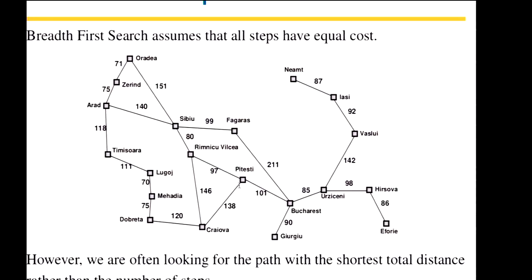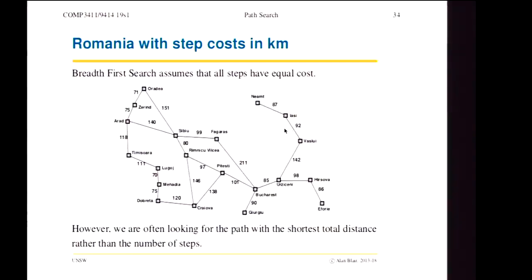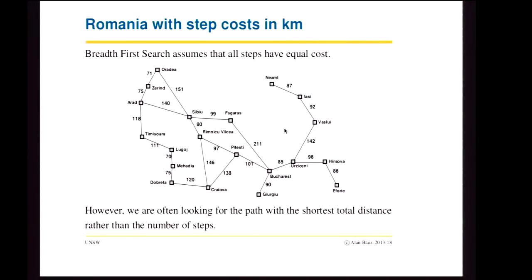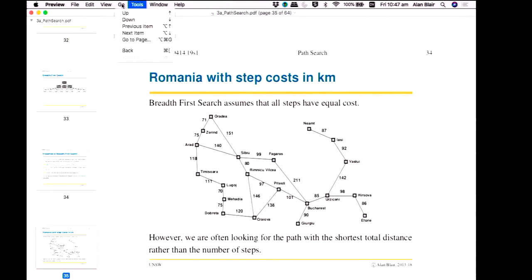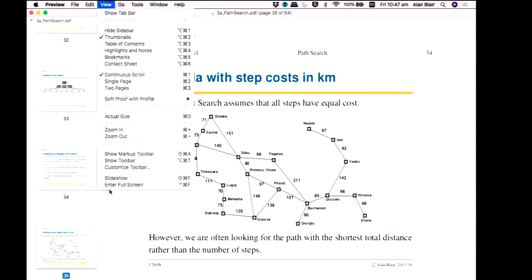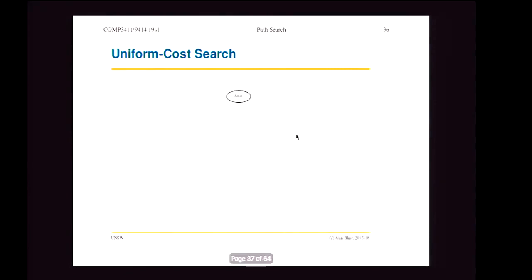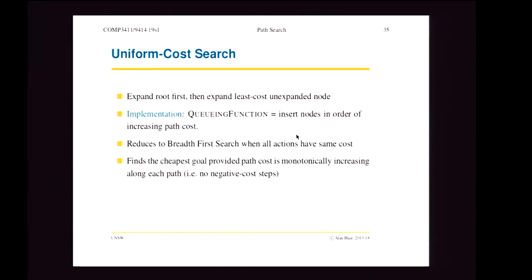This distance here is slightly less than that distance. So really what we want is an algorithm that will find us the shortest distance path rather than the shortest number of steps. And so if we define the cost in that way, then we need a different algorithm to find the shortest path, which is called uniform cost search. Okay. So we expand the root node first.